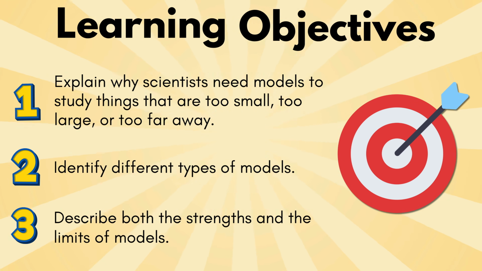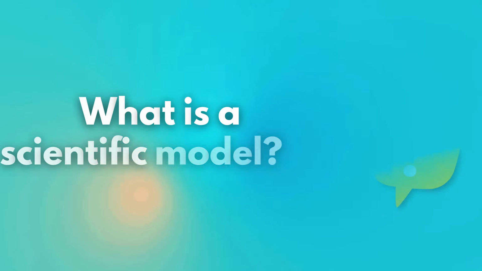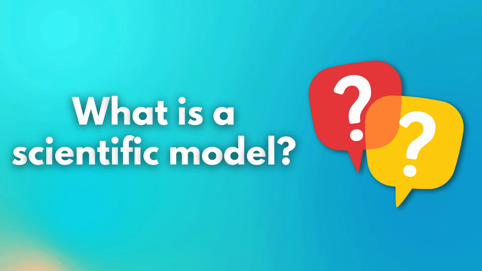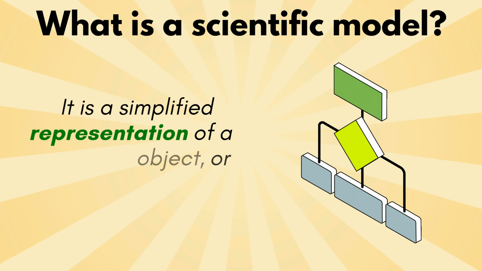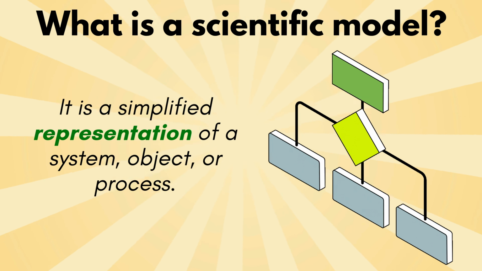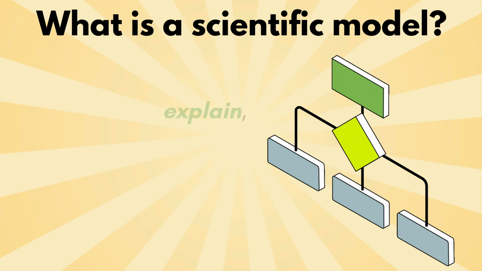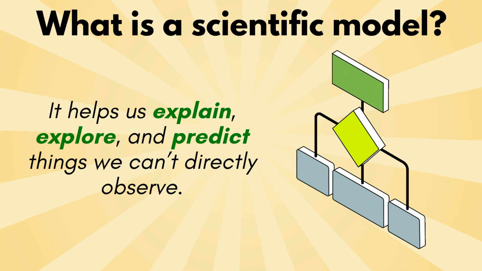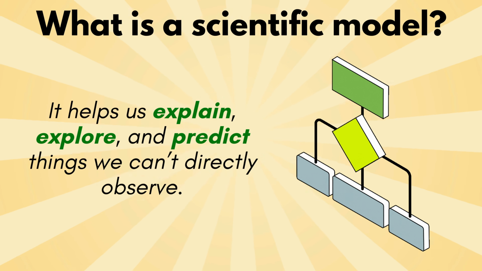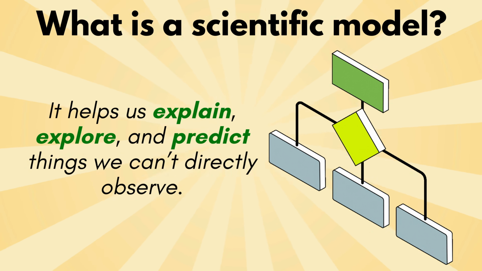So let's start with a simple question. What exactly is a scientific model? A model is a simplified representation of a system, object, or process. It helps us explain, explore, or even predict things that we cannot observe directly.